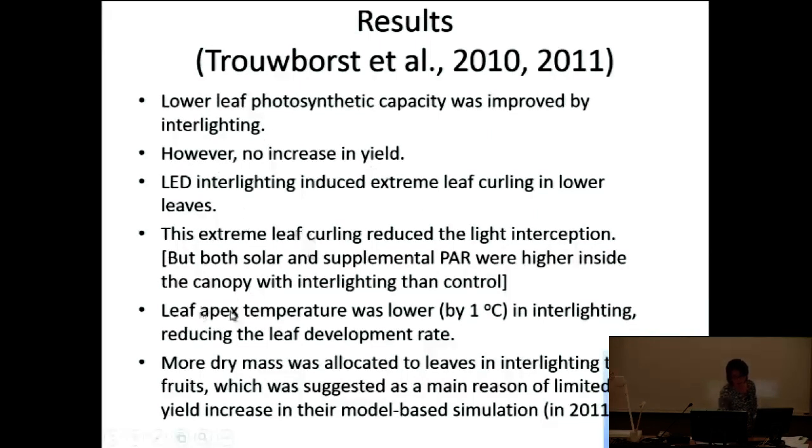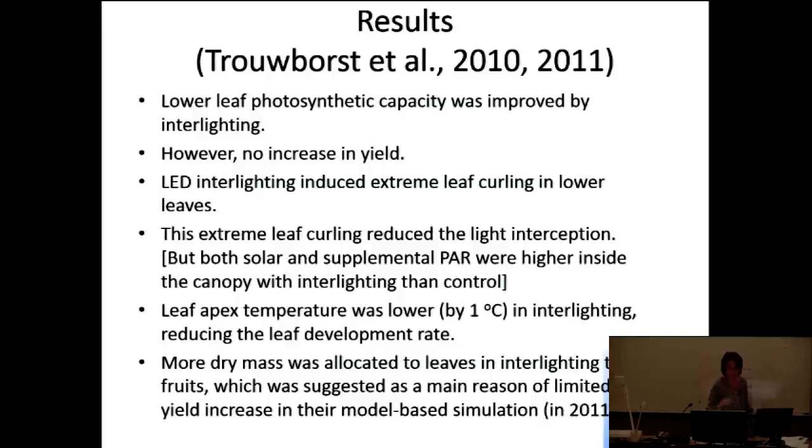One more thing I didn't mention here. Top lighting in both treatments, one is 600 watt and the other is 400 watt, and that affected leaf apex temperature. Because of the higher light in the top lighting treatment and lower radiation in the top and side combination, net radiation is different, so the apex, the shoot tip, was warmer under the top lighting treatment.